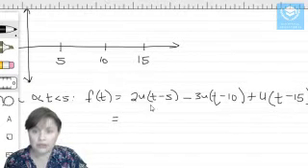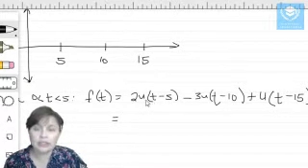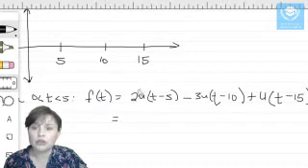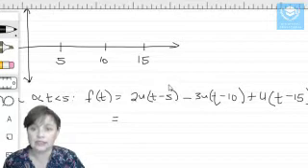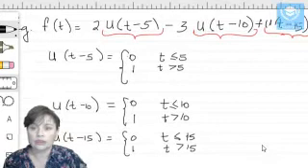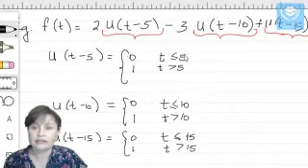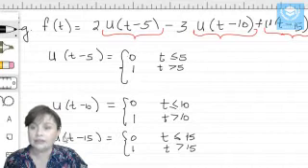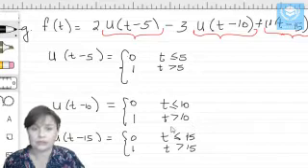So, remembering that your t value here can only be between 0 and 5, right? So then what does that mean for u of t minus 5? T is less than 5, which means u of t minus 5 has to be 0. Right? T is less than 5, which means u of t minus 10 also has to be 0 because of this constraint there. And u of t minus 15 also has to be 0 because of that constraint.